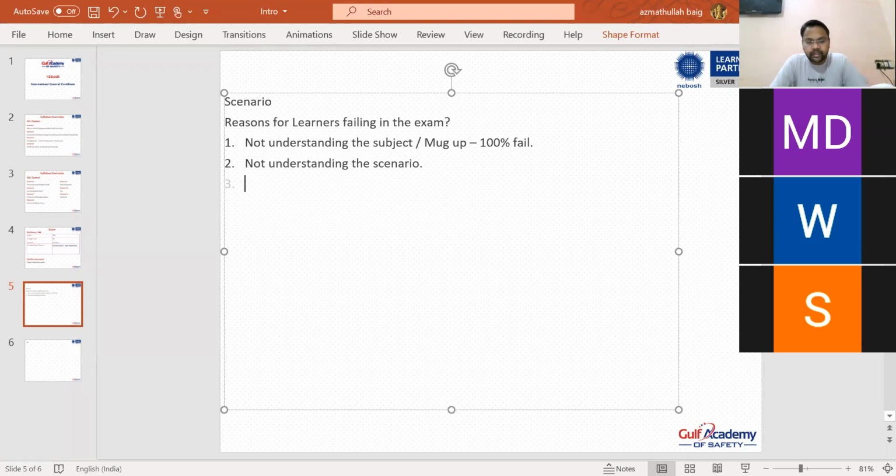Third one is they misunderstand the question. They will misunderstand the question. Means, let us say, if one thing is asked, and if you are writing another answer because you have not understood the question properly, do you think you will pass the exam?